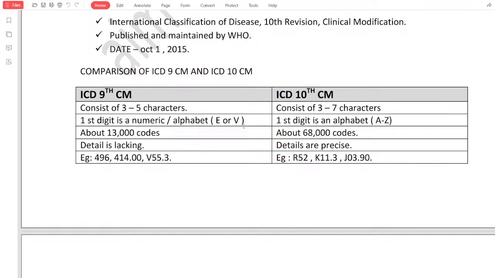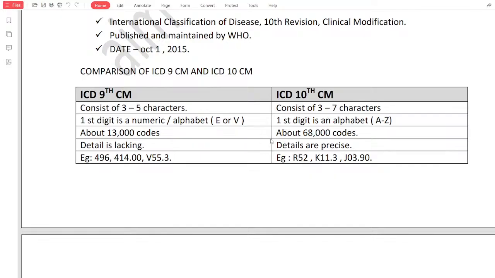ICD-9 has about 13,000 codes, but here there are 68,000 codes. So more codes are added in ICD-10, and the structure is also updated. It contains 3 to 7 characters, and A to Z alphabets are used in the first character.